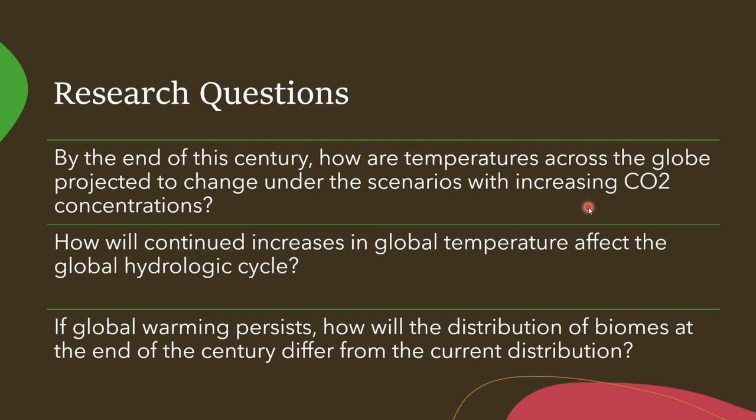If that is increased, what's going to happen? If we can minimize the carbon dioxide emission, what's going to happen? There will be some scenarios, as it's saying here. I will talk about that in the lab tour. In this presentation as well, there will be some scenarios where you will be introduced to the situation that's going to happen by the end of the century. And then question two will be: how will continued increases in global temperature affect the global hydrologic cycle?